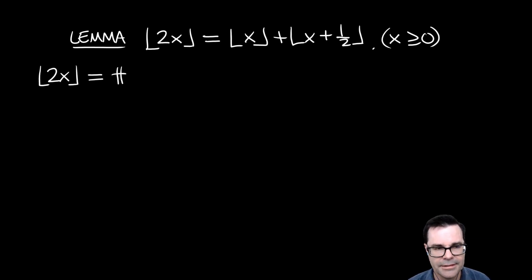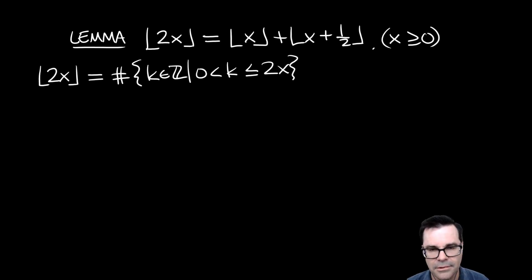So I can write this. So this pound symbol just means cardinality. So just how many numbers are in this set. So it's the number of integers that satisfy this inequality. Okay, and that's just by definition. That's the definition of the greatest integer, or the floor function.